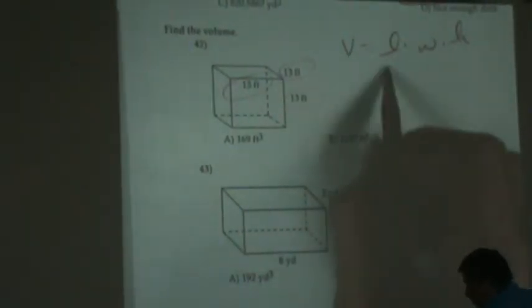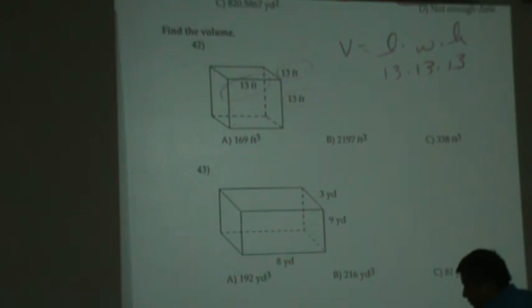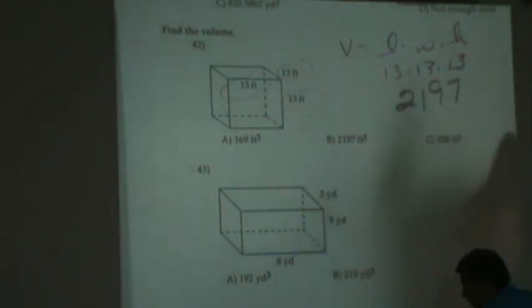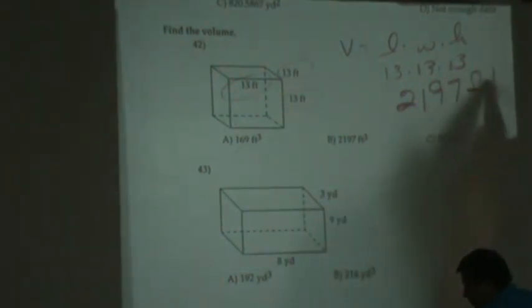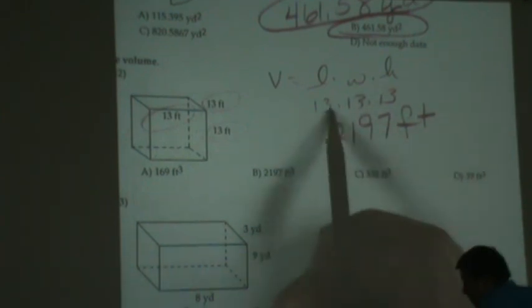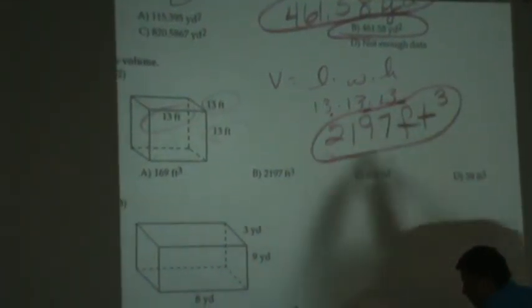So they're all 13s. 13 times 13 times 13 is 2197. Okay, what's the units on volume? Feet times feet times feet, cubed.